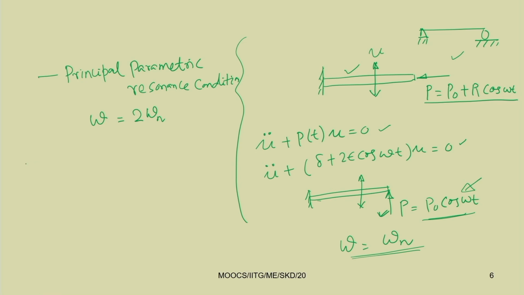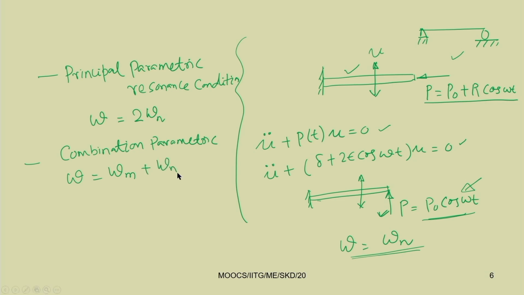Also we have discussed that we can have the resonance condition known as combination parametric resonance condition. In this case, the external frequency omega will be equal to omega m plus omega n.